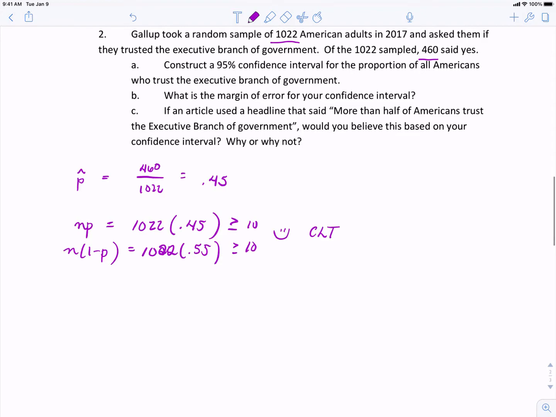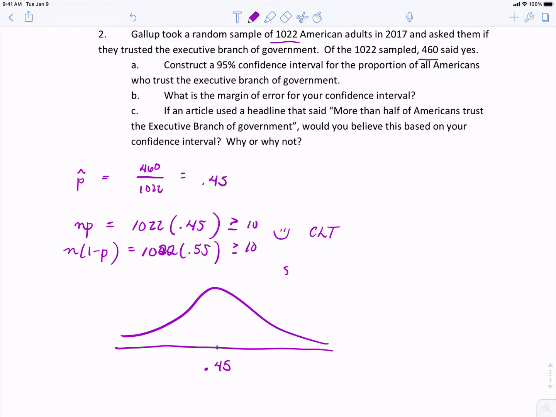Now remember, what the central limit theorem says is that the sample proportions will vary from sample to sample, but their shape is going to be like this. The center would be at the population proportion. I don't know what the population proportion is, but I know that my sample proportion is the best estimate I have.